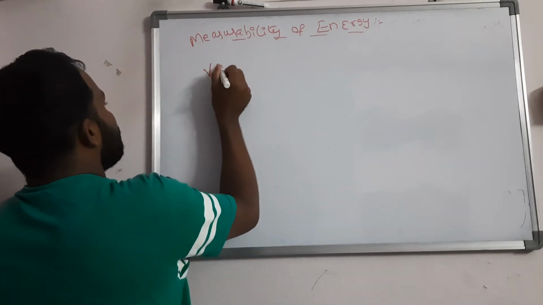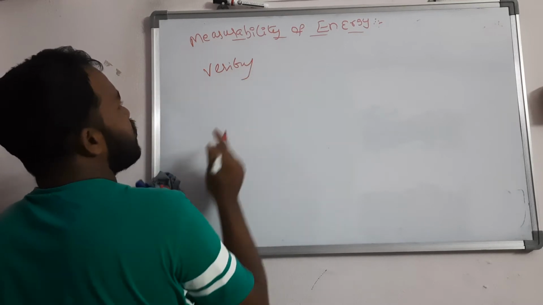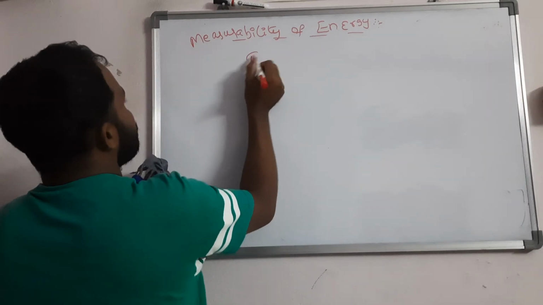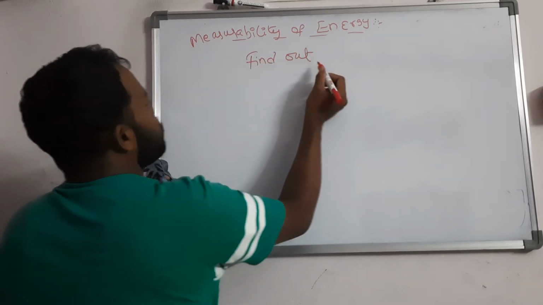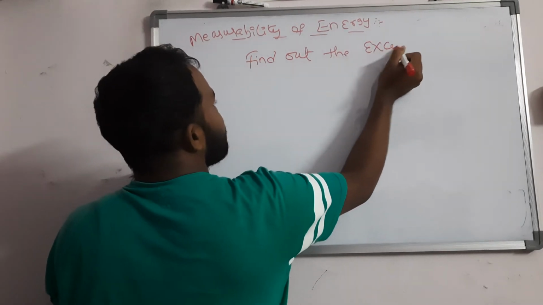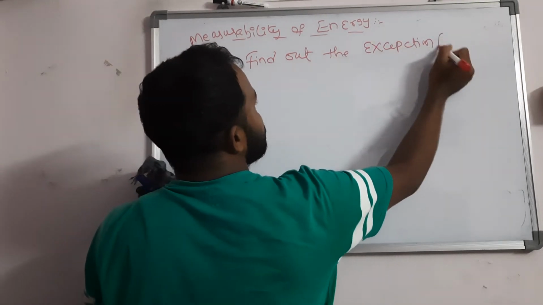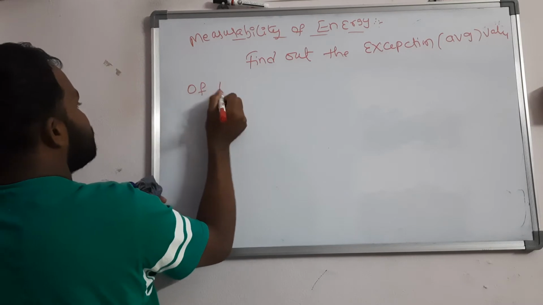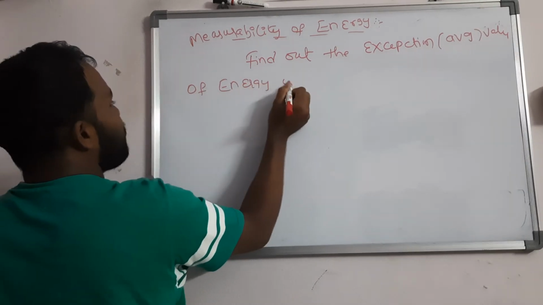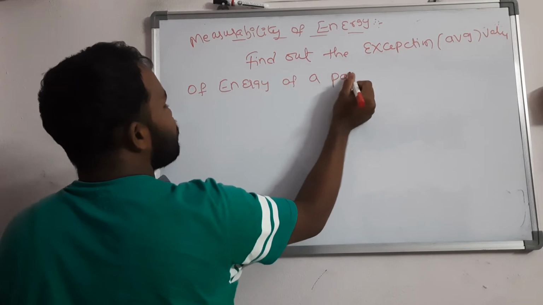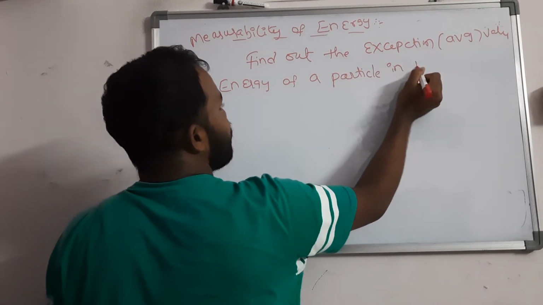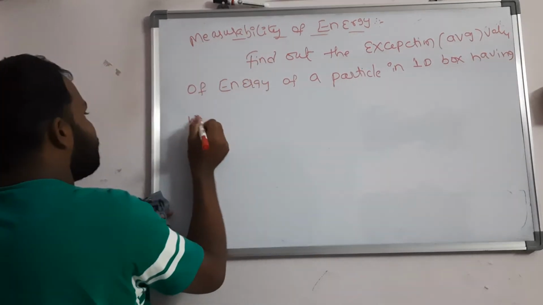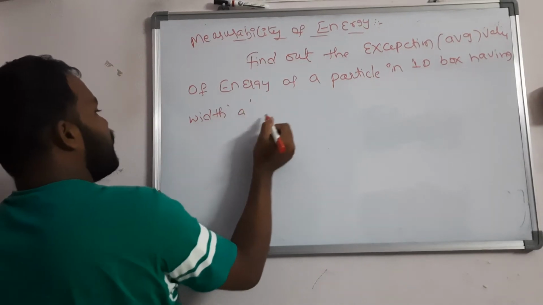So the statement is verify, otherwise you should write directly, measurability of energy means find out the expectation value, expectation or average, both are same, expectation or average value of energy of a particle in 1D box having width A, same question, having width A and infinite height.